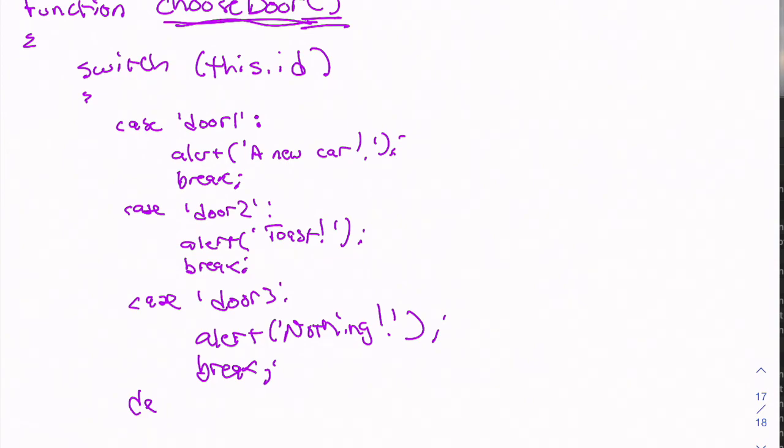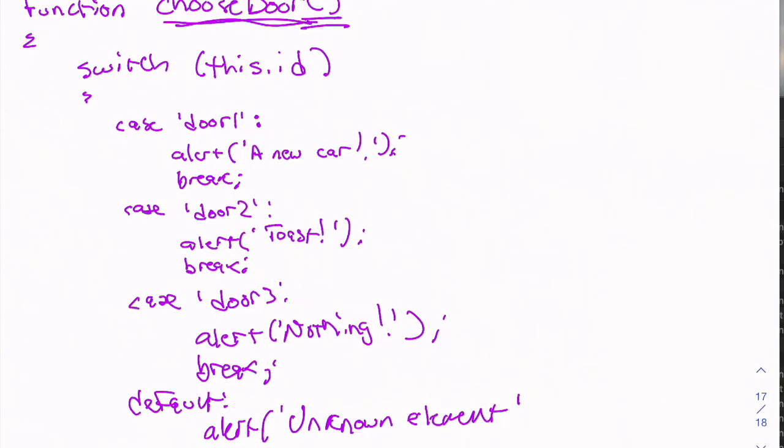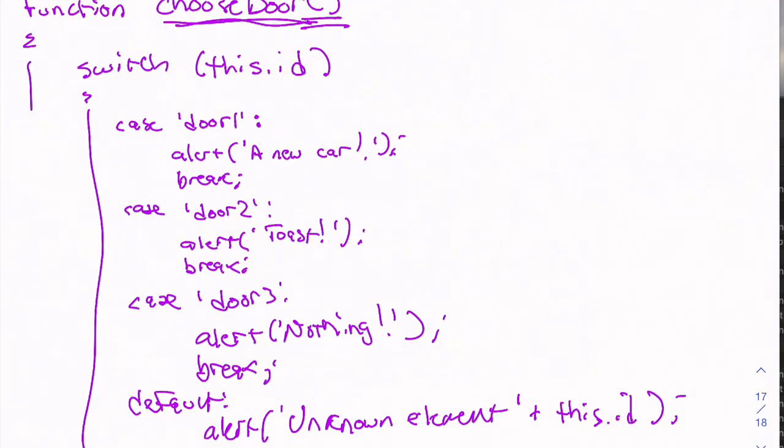And then default. Alert. Unknown element. this.id. Break. We don't really need the break there, but I'll leave it anyway. Okay. So slightly different choose_door, but very useful.